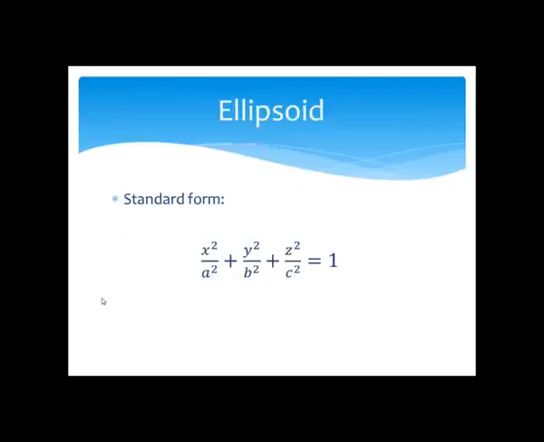First of all, let's look at the ellipsoid. Ellipsoid has the standard form of x squared over a squared plus y squared over b squared plus z squared over c squared equal to 1. In case you can't remember this equation in an exam, you can try to draw the quadric surfaces as mentioned in the previous slide.